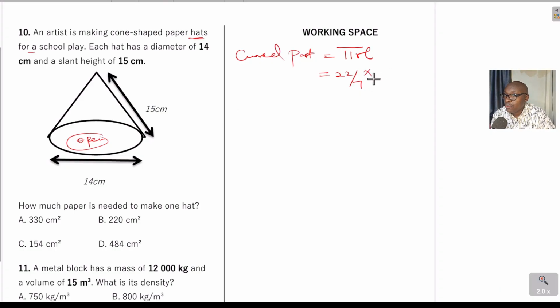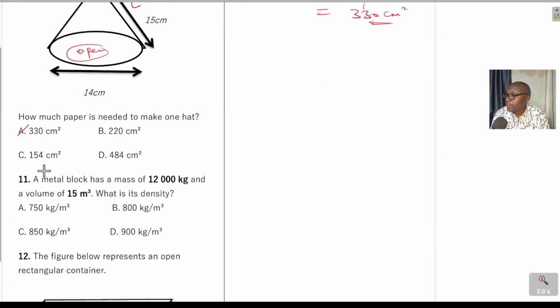The diameter is 14, so the radius is 7, times l. L is the slant height, which is 15. So that is how you're supposed to work it out, by 7/1 by 7/1. So you have 22 times 15, 2 times 15, this will give 330 centimeters squared. That is the amount of paper needed, the surface area.